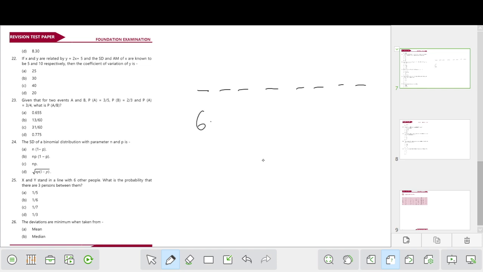So first 6P3. These are the arrangements for 3 people between them. Now X and Y can also interchange between themselves, so 2 factorial, into the remaining 4 people will also interchange, so 4 factorial. So this will come as 6 into 5 into 4 into 2 into 4 into 3 into 2, that is 5760.